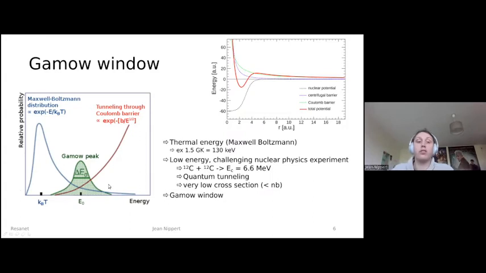The green curve is the Gamow peak that gives you the energy window in which most of the reactions will occur in stars. We have a very low cross-section because of the quantum tunneling, and this is the first challenge we will have to face to measure this reaction for the astrophysical interest.